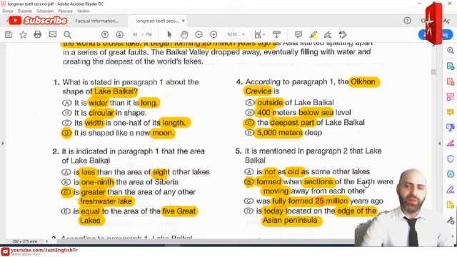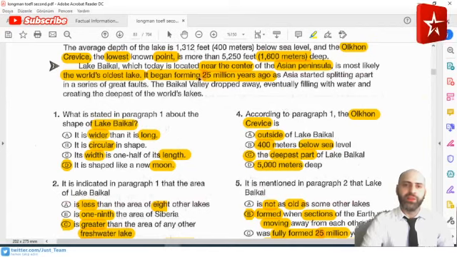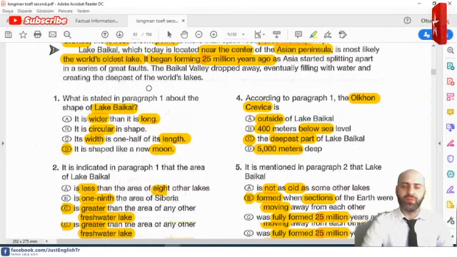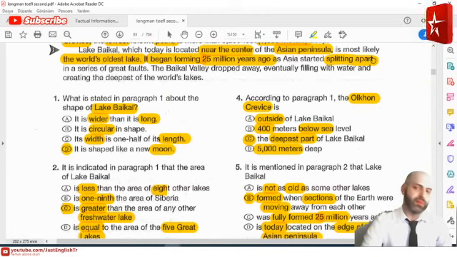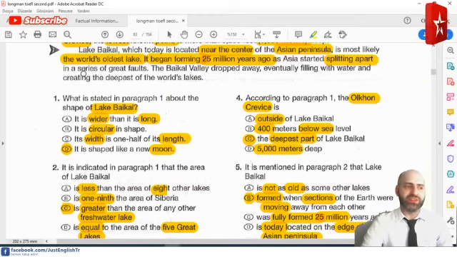"Formed when sections of the earth were moving away from each other." "It began forming 25 million years ago as Asia started splitting apart in a series of great faults." Okay, and Asia started splitting apart, so it's like moving away, in a series of great faults.